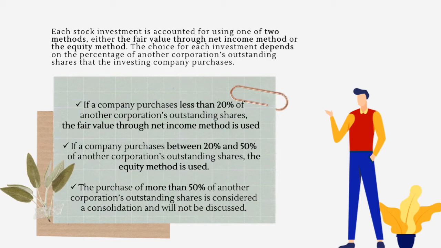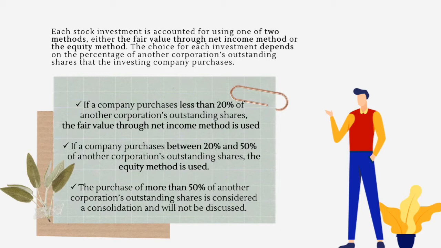Investors who own less than 20% of the outstanding shares are not considered to have significant influence over the company they are investing in. An example would be the purchase of 1,000 shares of another corporation that has 100,000 shares outstanding. The investor owns only 1%.